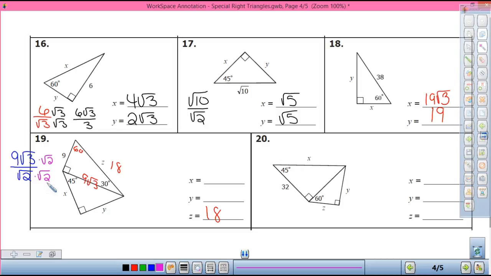So on top I have 9 times the square root of 6 over 2. Can I reduce the 9 over 2? No. So that's my answer. 9 times the square root of 6 over 2 for both of my legs.